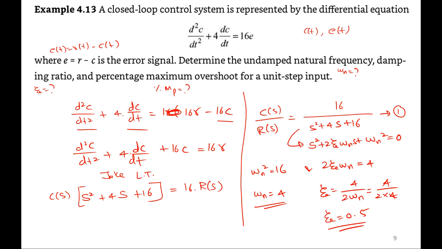We have found omega n and z. This is over, omega n is over, then z is over. Then we have to find the percentage peak overshoot Mp. Okay, we'll proceed. First, before finding the percentage, we'll find the peak overshoot Mp. So we know the formula: e to the power of minus pi into z divided by root of 1 minus z square.